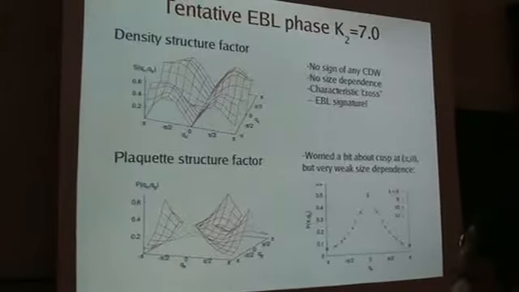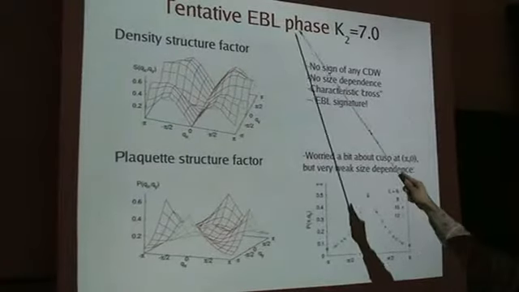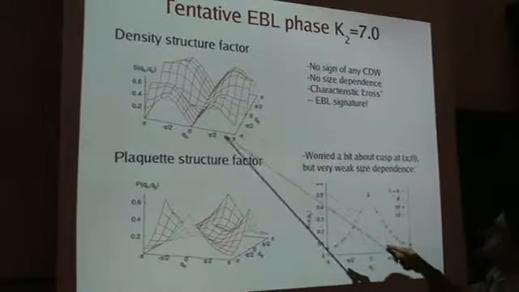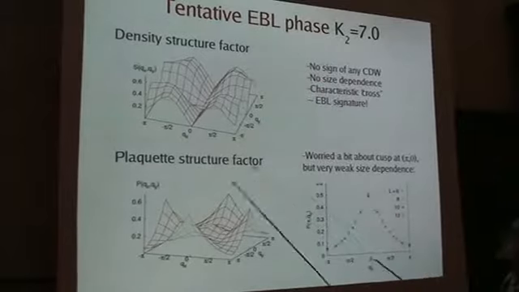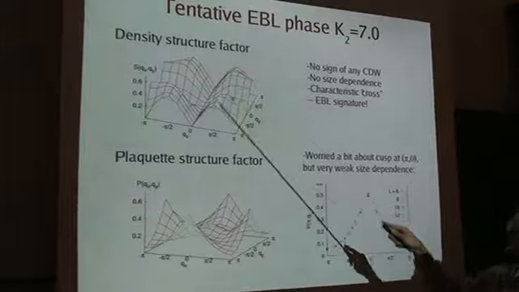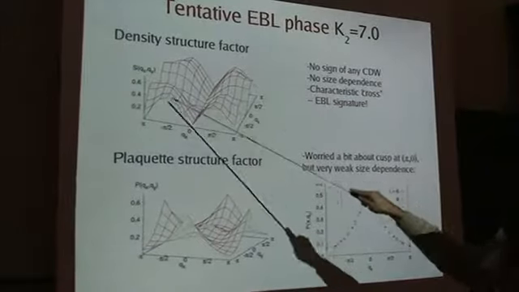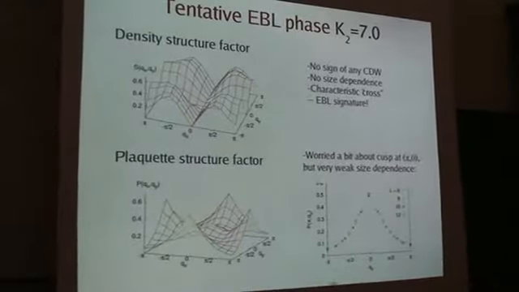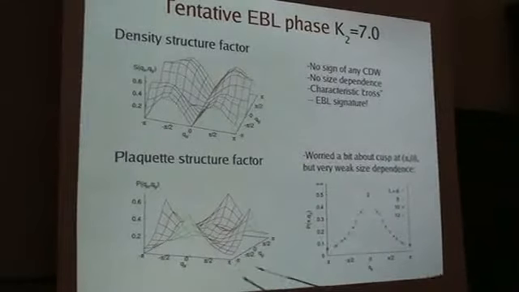liquid phase. So this is a demonstration of one point in this tentative liquid phase, where now I show the density structure factor in the full Brillouin zone, and you can see there are no features, no Bragg peaks at some hidden wave vectors, and you can see this shape with these singularity lines in the density structure factor. And here we have the plaquette structure factor in the full Brillouin zone.